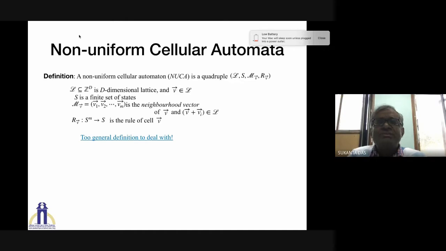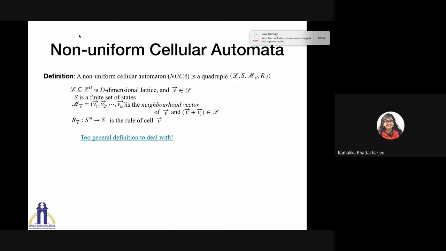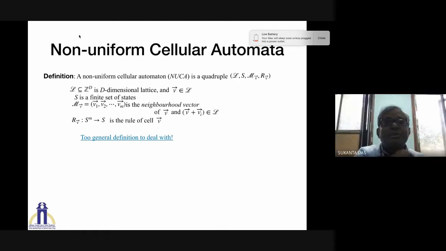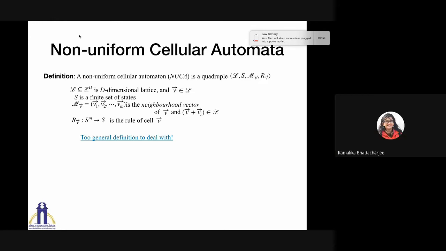I mean, isn't it clear from this one? Actually, I got confused because in the definition, if we are mentioning only V, that means M and R both are becoming sets of sets. M will be a vector, so each of the M's are vectors.